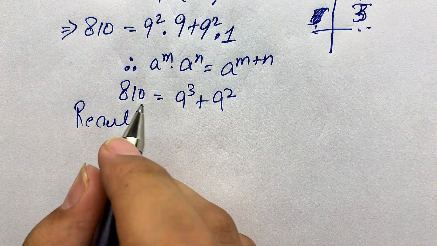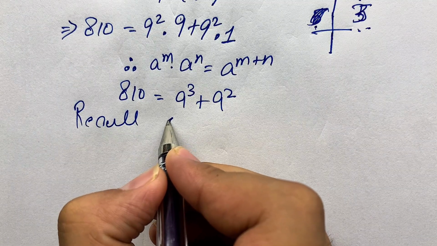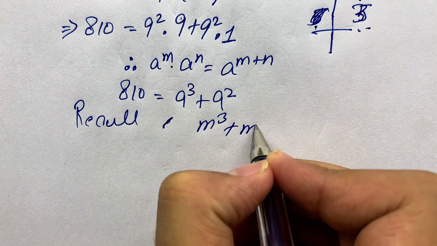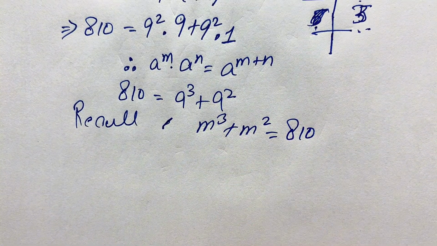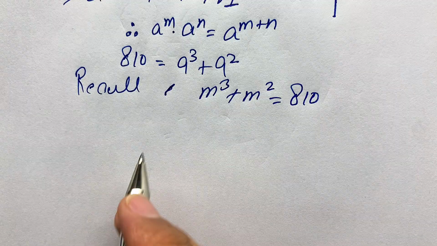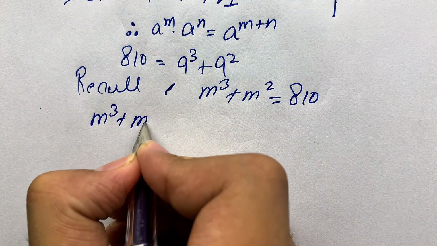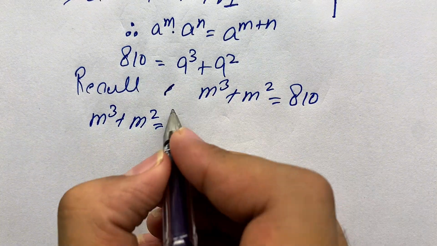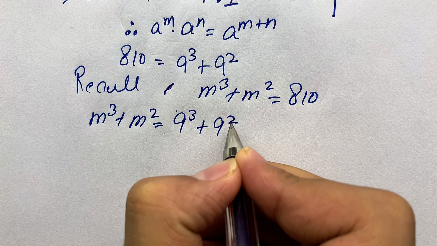After solving the right side, recall m^3 + m^2 is equal to 810. Now this will be m^3 + m^2 is equal to, we put this value and replace by this 9^3 + 9^2.